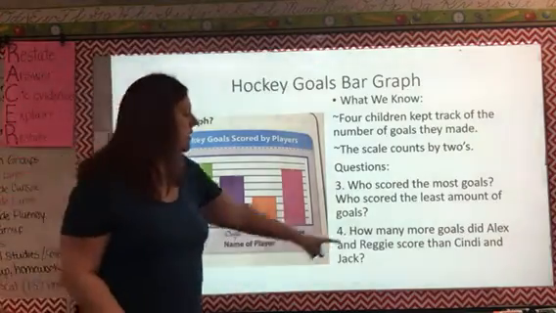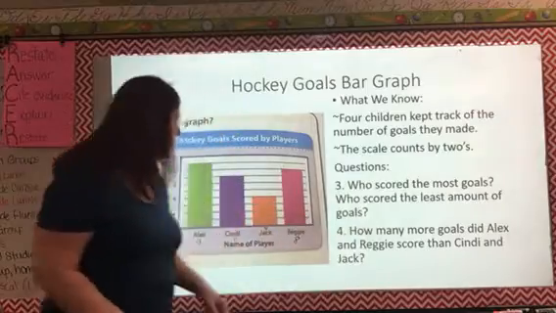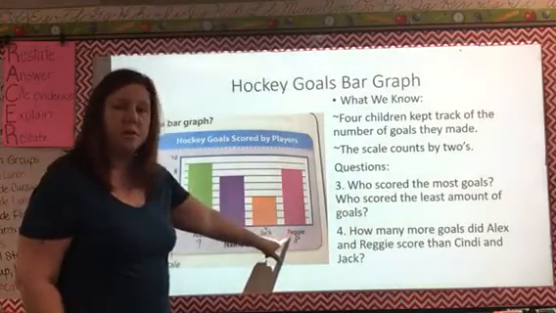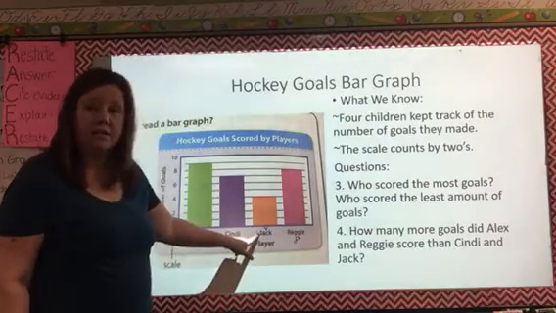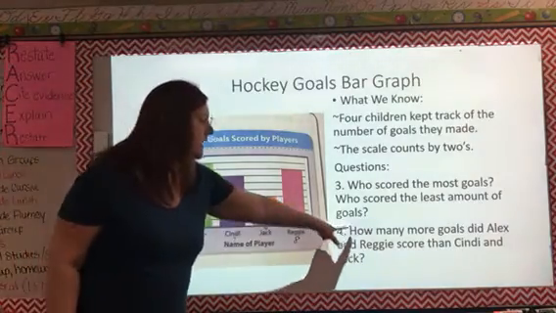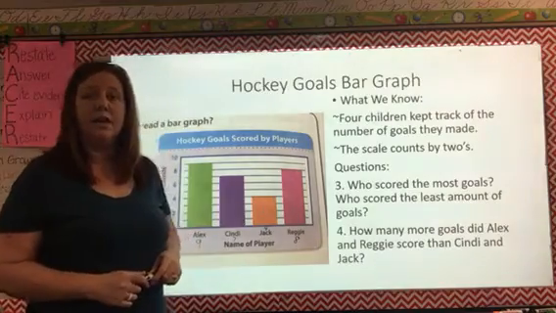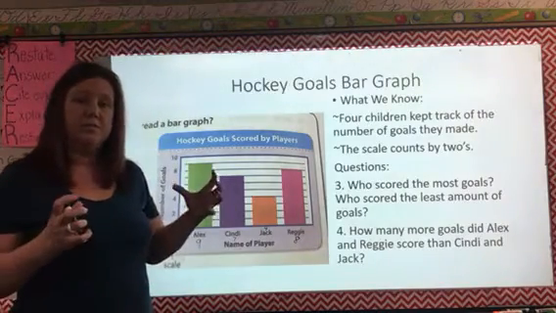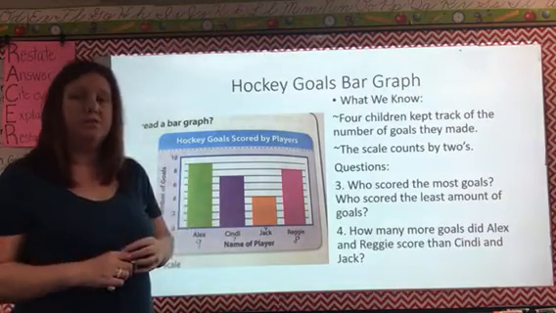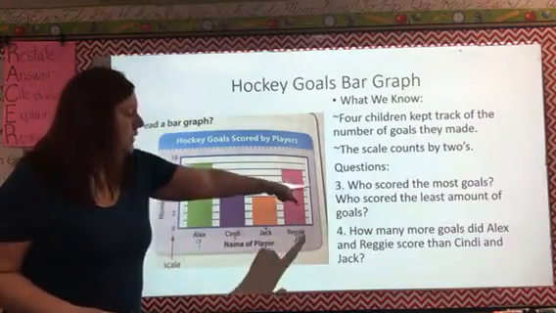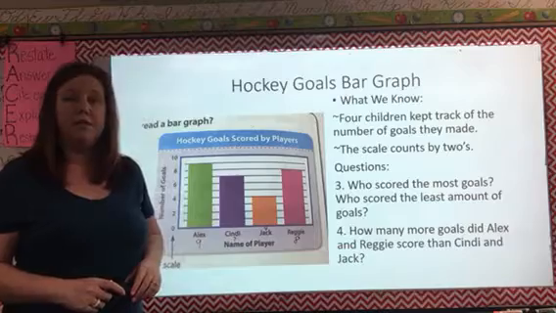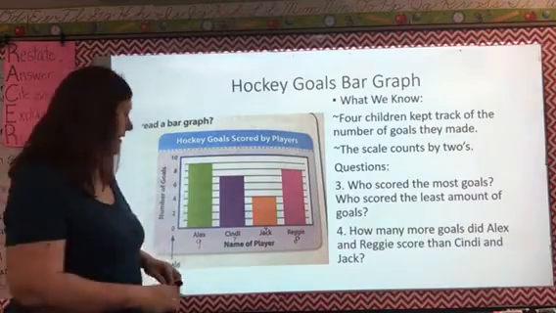So on this, you want to combine Alex and Reggie, combine their total number, then combine Cindy and Jack, right? Then because it says how many more, what kind of math do you have to do once you have those 2 numbers? You subtract, okay? So go ahead and pause the video, do questions 3 and 4 on your paper, and when you're ready, go ahead and push play again.